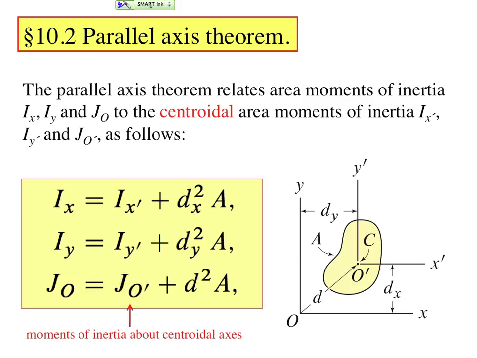Here the primed coordinate system is the centroidal coordinate system with origin at C. The unprimed xy coordinate system is at some arbitrary location, but the two coordinate systems are parallel to one another. The importance of the axes being parallel can be seen in the relatively simple relationship between two different methods of describing the same material point.